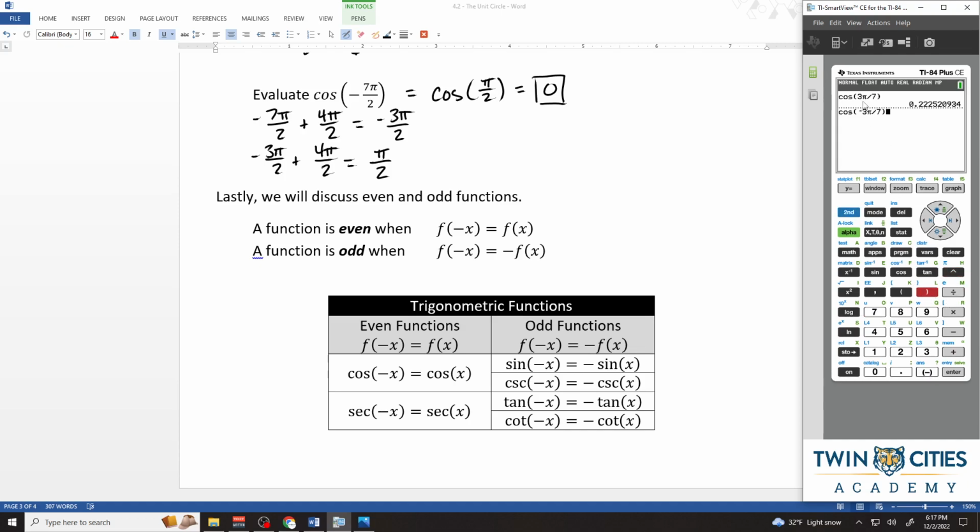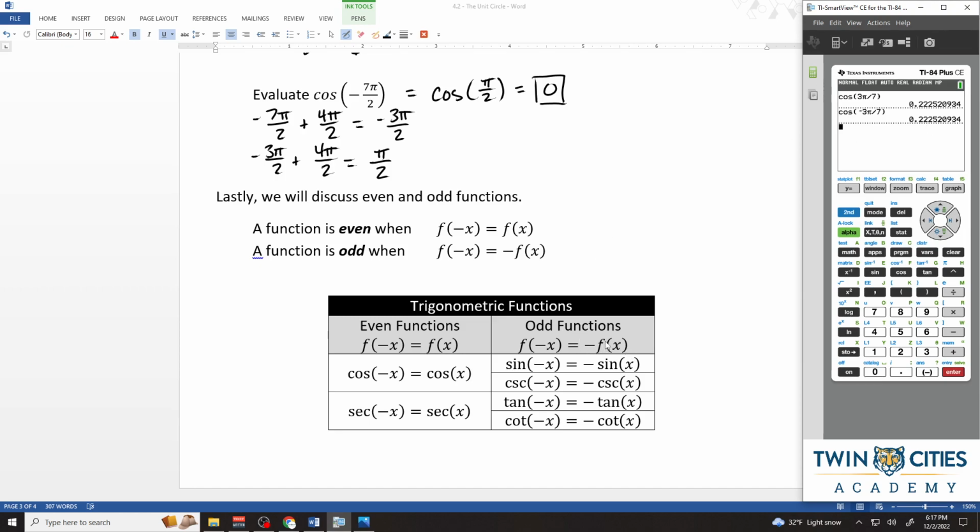So see here, if x is 3 pi over 7, then negative x is negative 3 pi over 7. I'm going to hit enter here, and we get the exact same thing. So even functions, whether you plug in x or negative x, you're going to get the exact same thing back in your calculator.